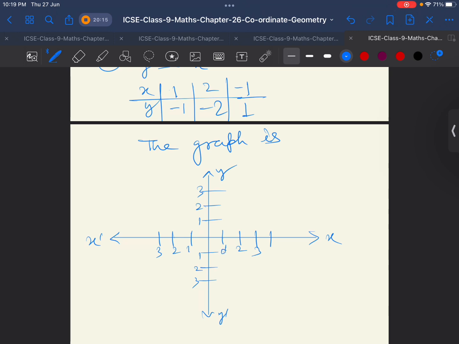The 1, minus 1 point is here, 2, minus 2 is here, and minus 1, 1 is here. So now we draw the straight line. This is the straight line.